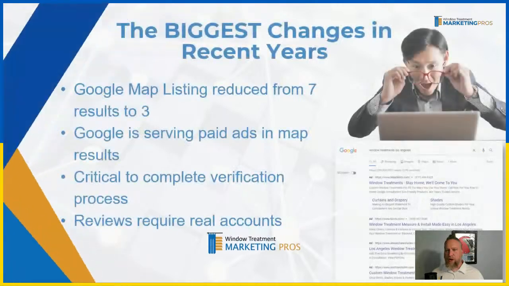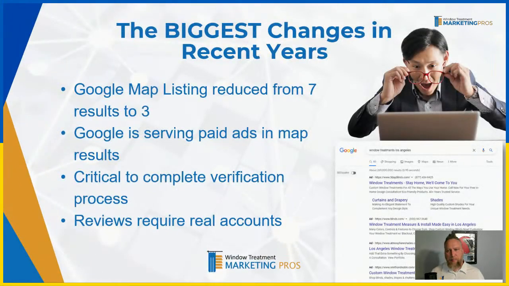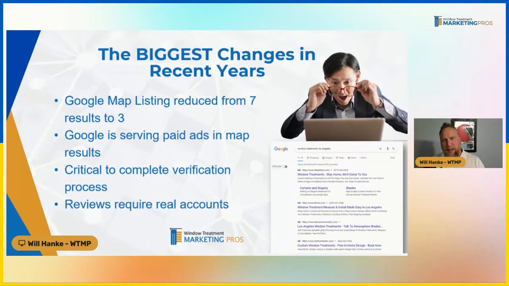All right, so let's talk about what's new. Now, back in the day, Google had, I guess we could call it the 7-pack. We didn't call it that, but basically they reduced it from 7 results down to 3. So that's the map with the pins. Google now has just 3 results there. Google is also serving paid ads in that area.